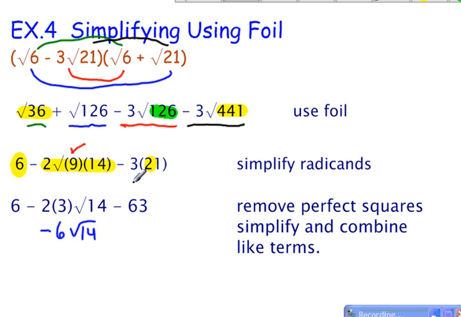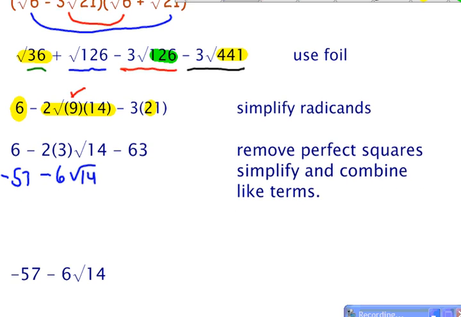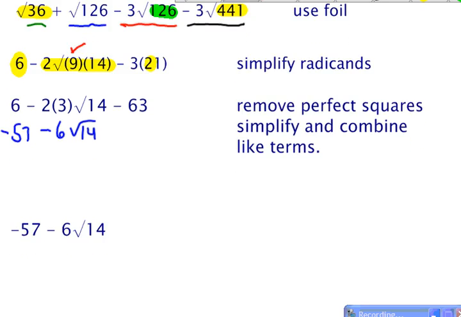Okay, but I've got like terms here, 6 minus 63. So that becomes negative 57, which happens to be our final answer.